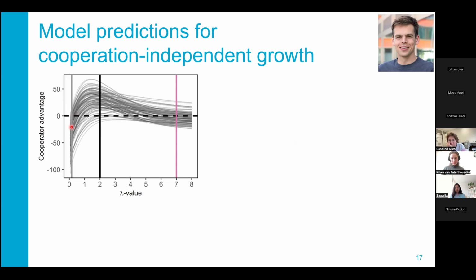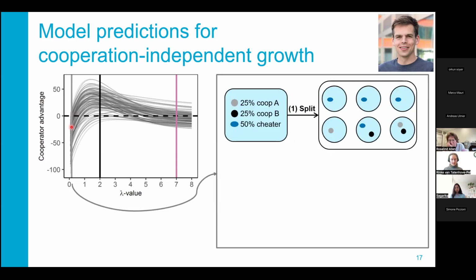But then we started to think about it more. And that's, I think, always the beauty of models. It really encourages you to think about your system and to find things that feel maybe counterintuitive, but if you start thinking about it, you think, ah, yeah, of course, it makes sense.